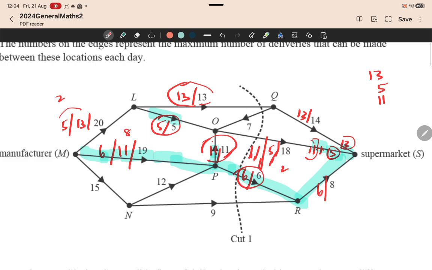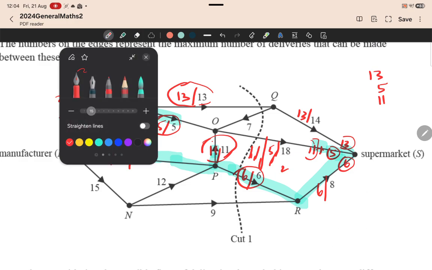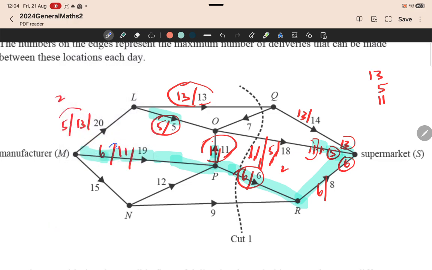So that tells me that 6 can reach here, and we have now a difference of, so it's 6 plus 11 is 17. So we can still have 2 more go through here and another 2 more go through here. But that's really no use because this is a path that has reached maximum capacity.